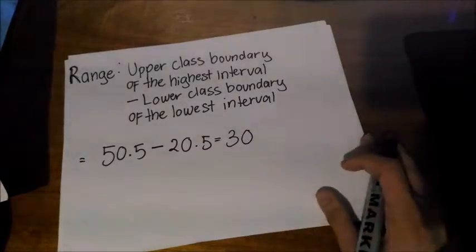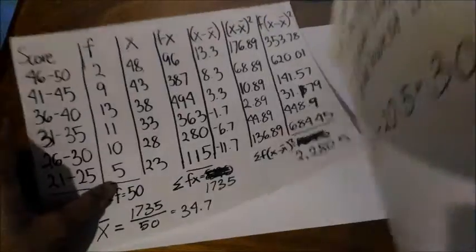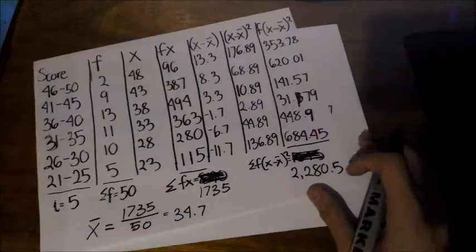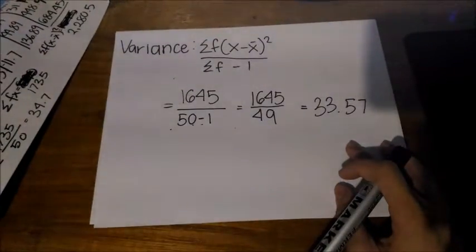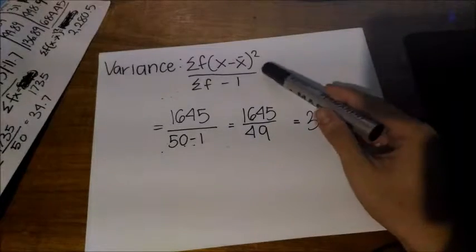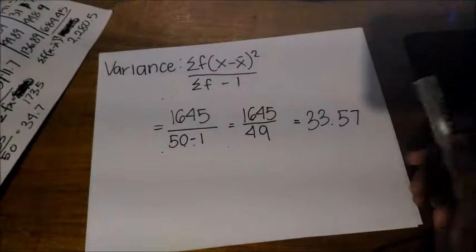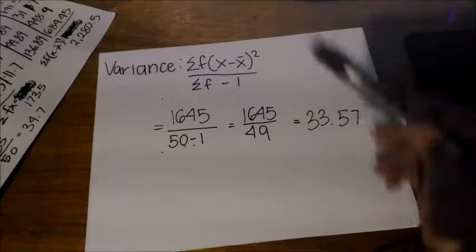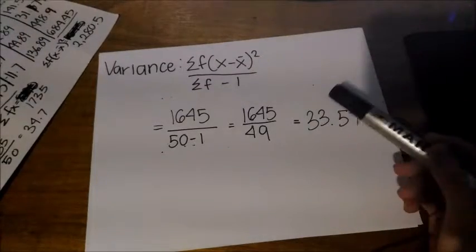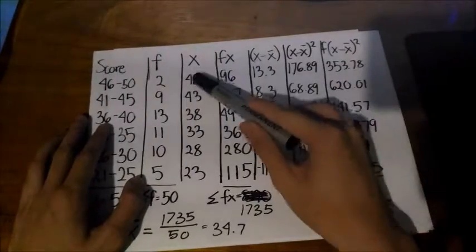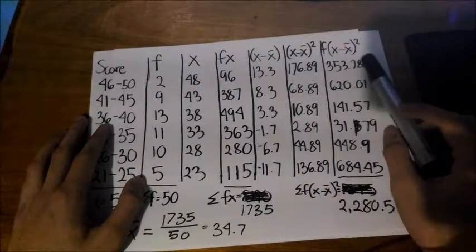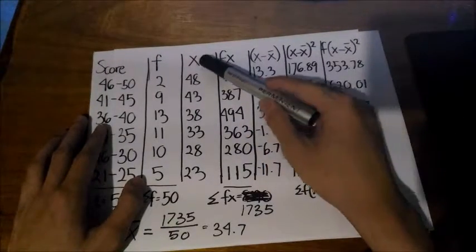Moving on to the variance. This is the formula for how to get the variance. How do you get that? First of all, we need to get these x values. This is the class mark; the x represents the class mark.